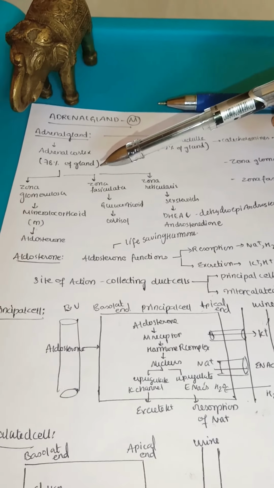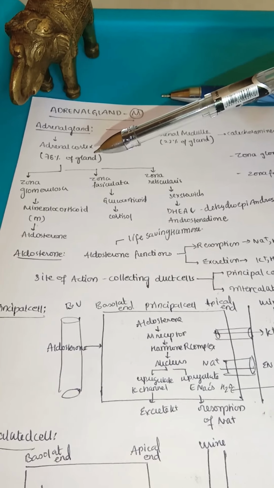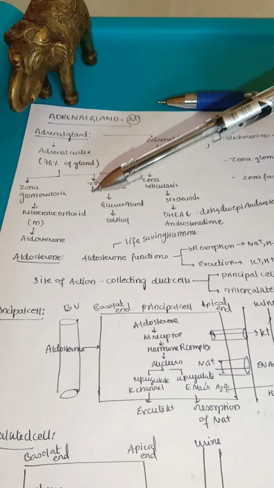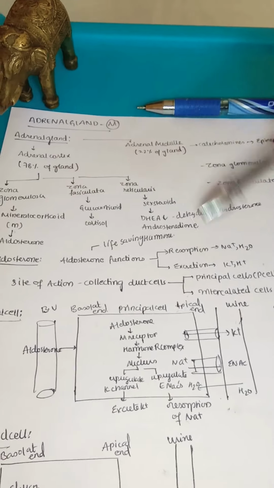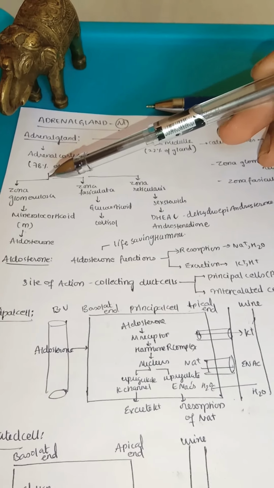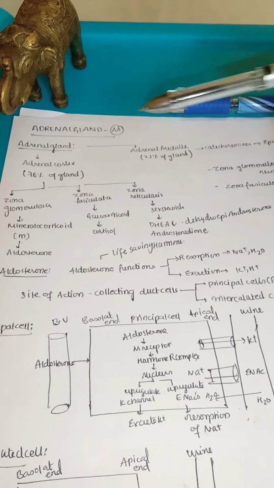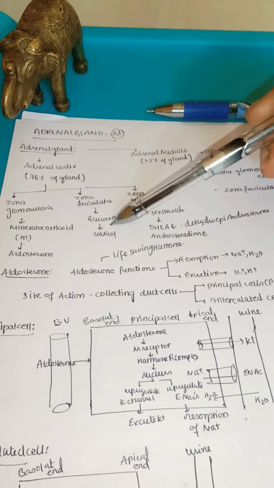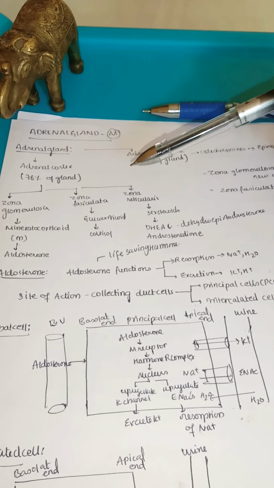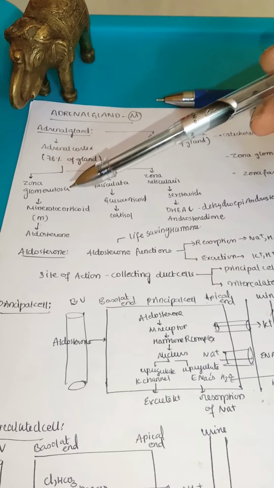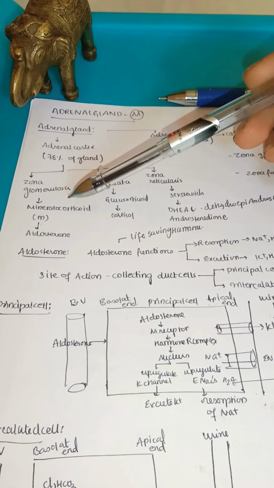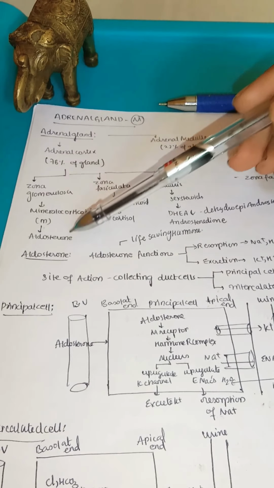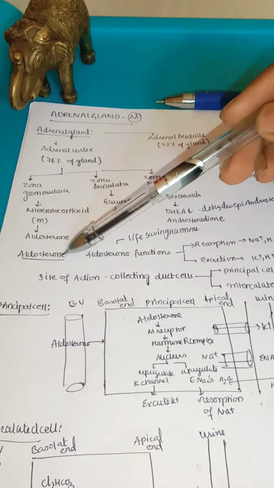It is about 78%. It has different types of zones, and from those different hormones are produced. You can remember this as GFR: glomerulosa, fasciculata and reticularis. GFR is a short form. First is our glomerulosa. The zona glomerulosa mainly releases a mineralocorticoid, which is our aldosterone.